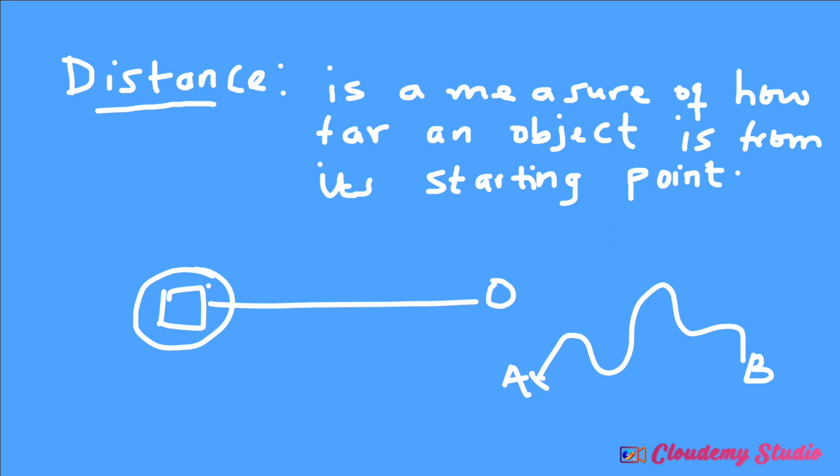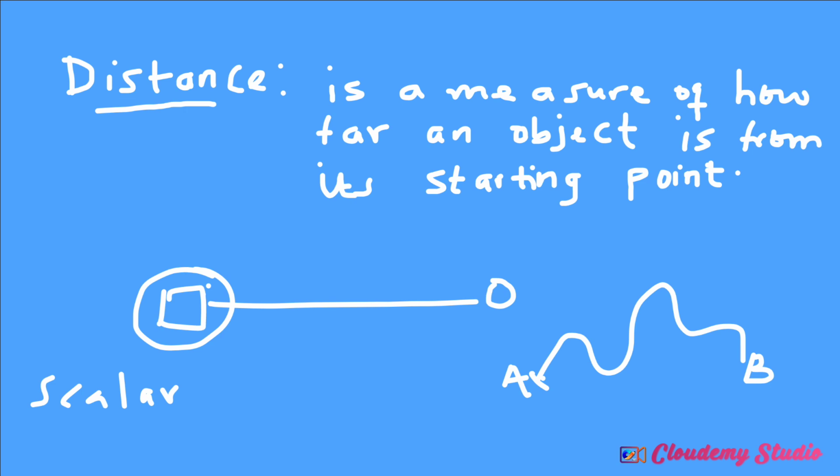Now, distance is a scalar quantity. Scalar quantities are quantities that have only magnitude but no direction.